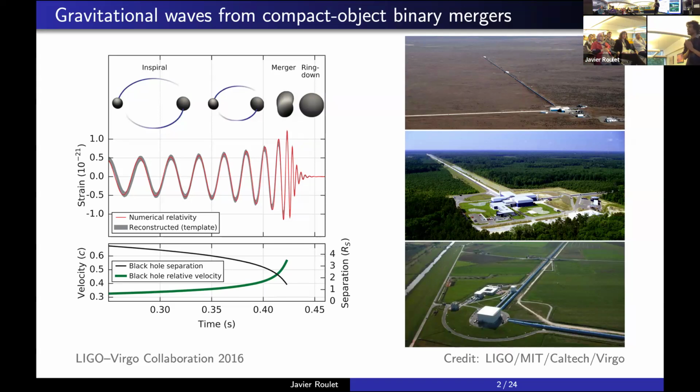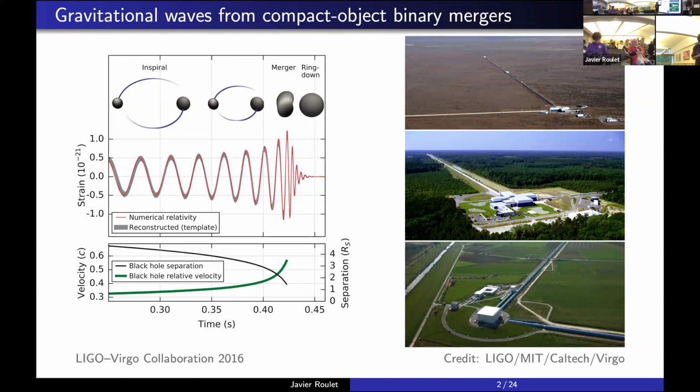So you can detect them with giant Michelson interferometers. When a gravitational wave comes through, the arms of the interferometers get stretched and shrink, and then that changes the interference pattern at the output. And this is how we can detect these gravitational waves.